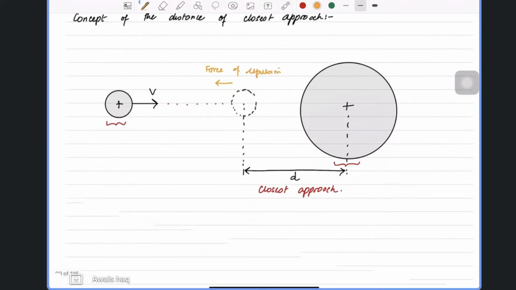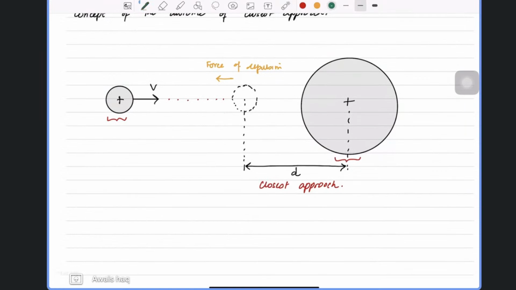Now what you need to do is this charge needs to do work against this repulsive force, right?